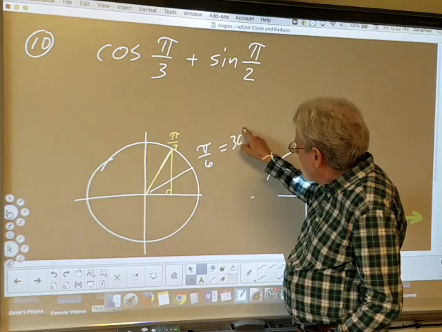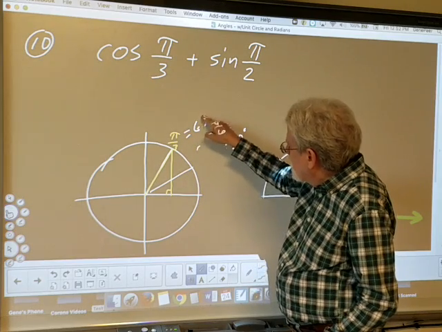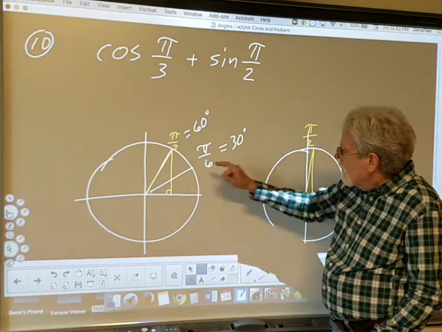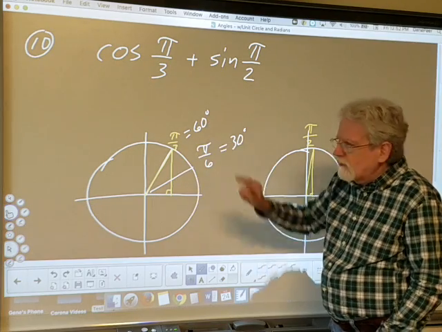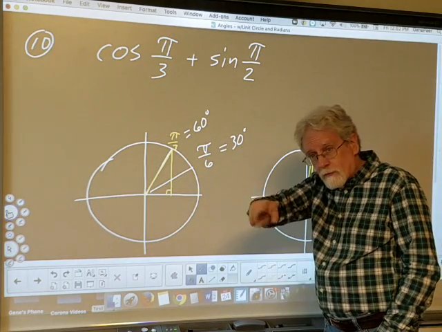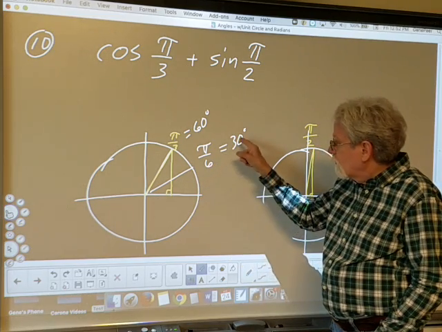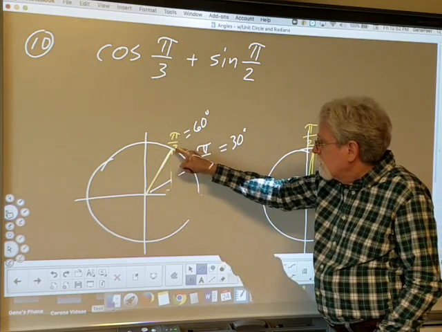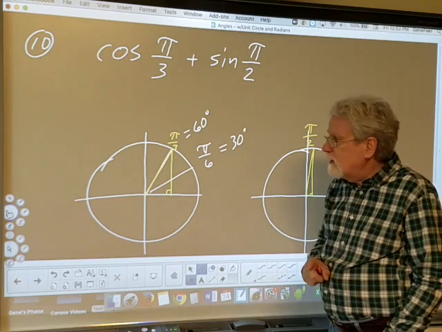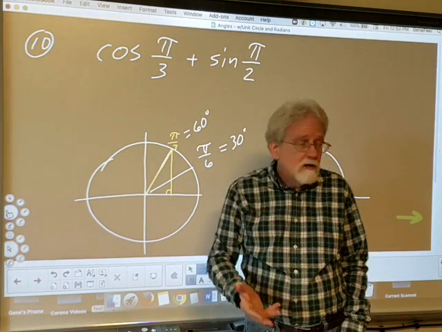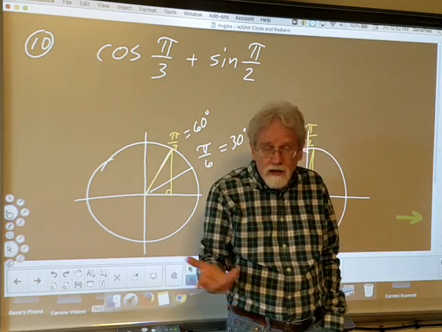Notice that the pi over 6 goes with the 30, and the 3 goes with the 60. They are reversed. The over 6 goes with 30 degrees, and the over 3 goes with 60 degrees. That makes it easy to remember. Not only that, but as we'll see when we look at number 97, it makes sense too.